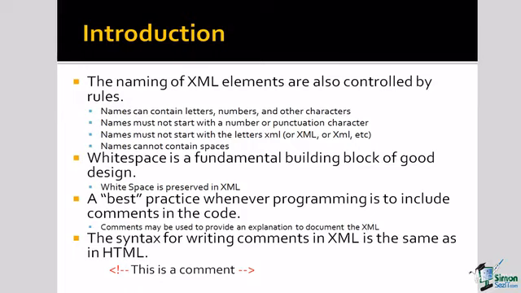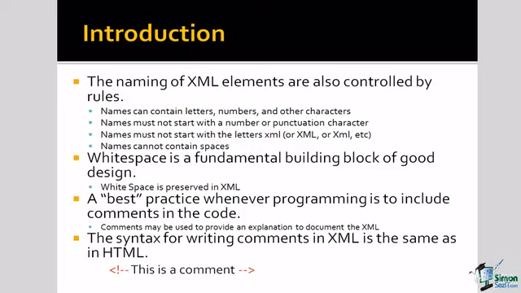When we're creating our XML documents, we often want to include a comment, a description of the data that we've included within the XML document. We do this by using a special syntax within XML. And if you're familiar with HTML, the syntax for the comments in XML is identical.